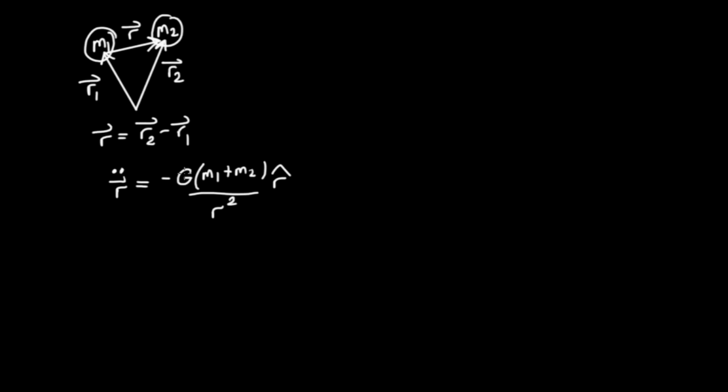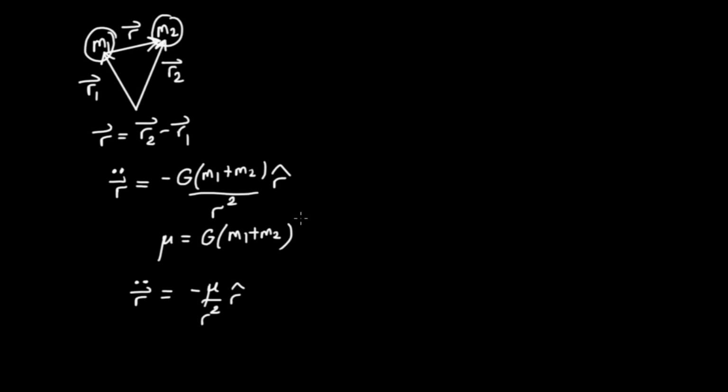And then I just defined a constant called mu, which is equal to G times (m1 plus m2). So let me write that. Mu is equal to G times (m1 plus m2). This is what I called the gravitational parameter. That allowed us to write the formula r double dot is equal to minus mu over r squared times r hat.